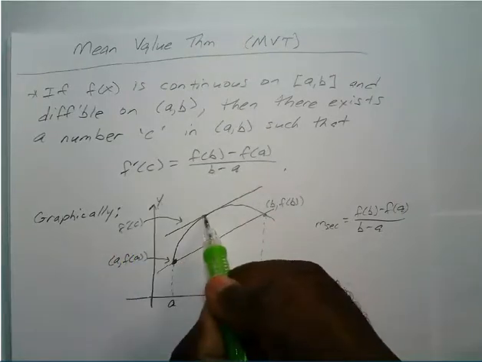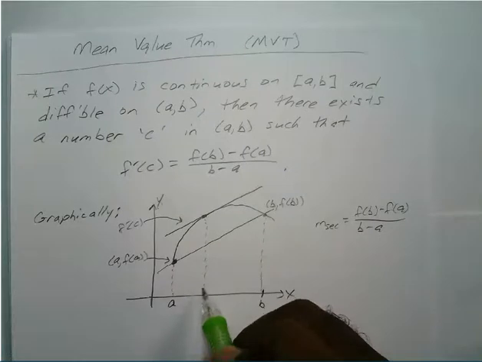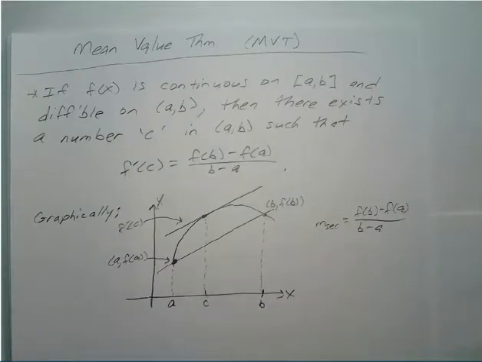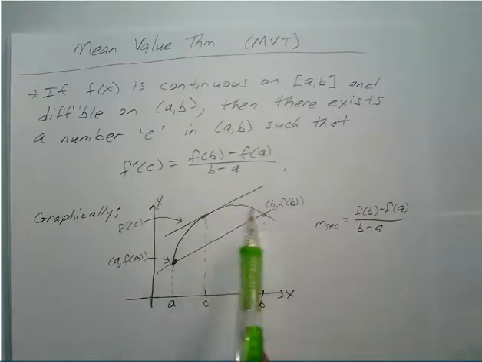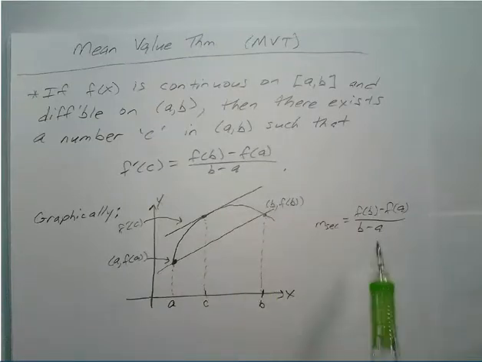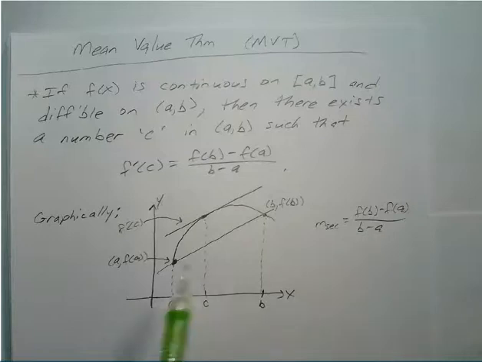So that some value c would have that very same slope as your f of a to f of b secant slope. Now it doesn't have to be directly in the middle of a and b, but at some point between there, that c would have that very same slope. So that's why I would use the very same formula for that slope.